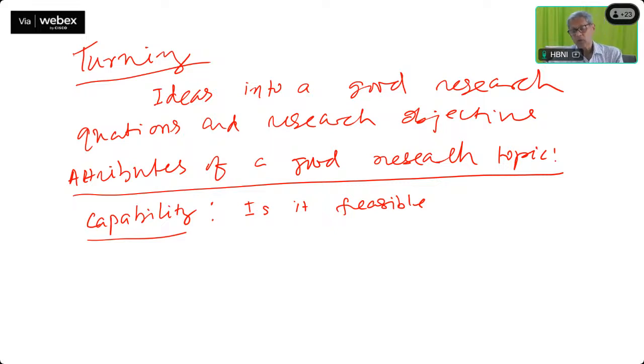Suppose you want to work in high energy physics, in Large Hadron Collider experiments. Then first you have to see whether you have enough data analysis capability. You can get a huge amount of data from there, but you must have the capability to do those data analysis. Do I have enough data?